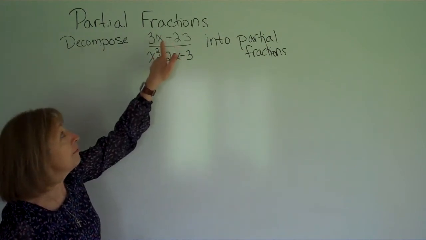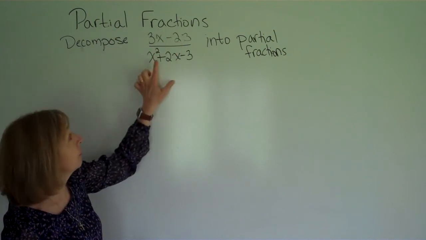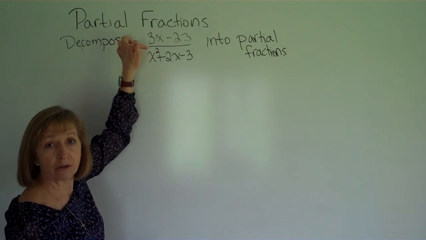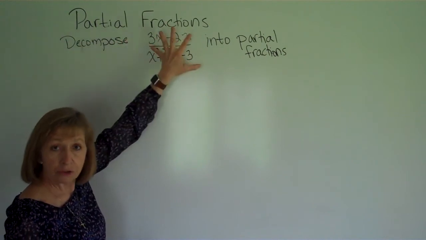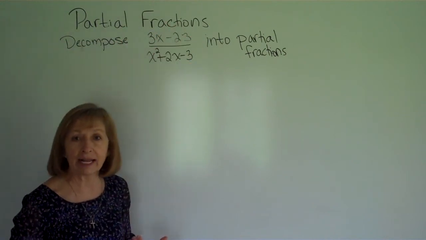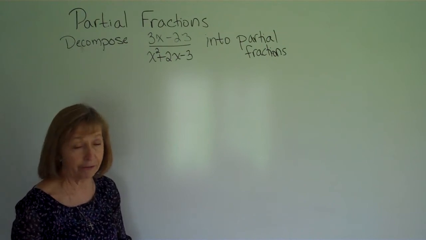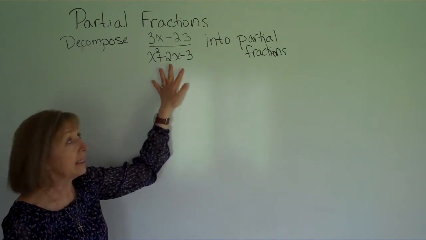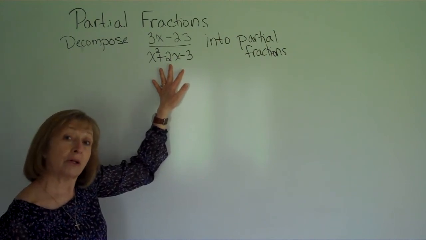So the degree of the numerator is 1, the degree of the denominator is 2, the numerator's degree is smaller than the denominator's degree, so I'm going to do partial fractions on what I have without having to do the division part first. Next up, the denominator is not factored, but it is factorable.